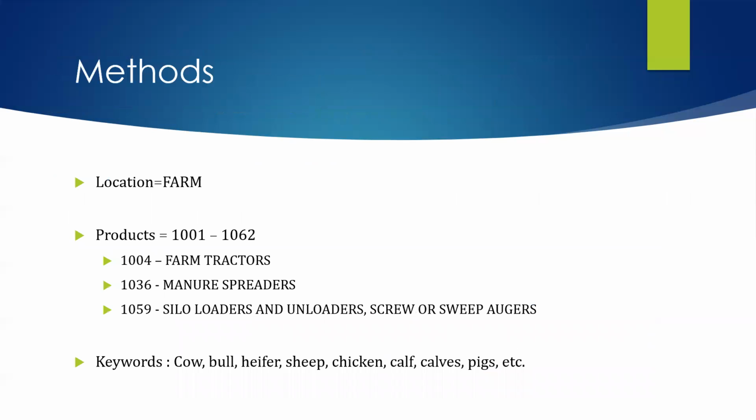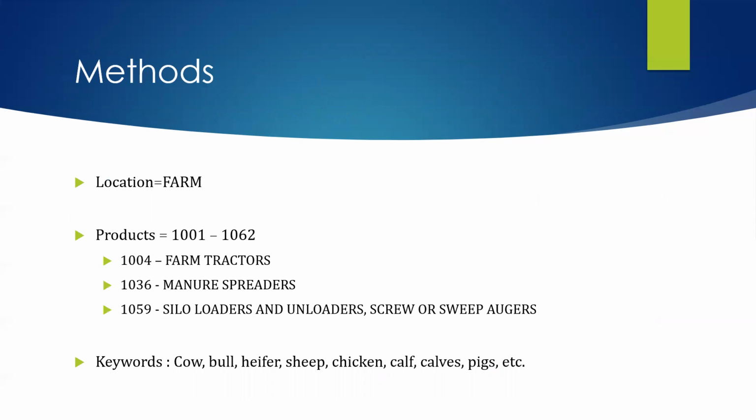We know that not all agriculture-related incidents occurred on a farm, or not all incidents occurred on a farm are agriculture-related. So by using the NEISS data from 2015 to 2019, we developed a methodology for extracting agricultural-related cases.